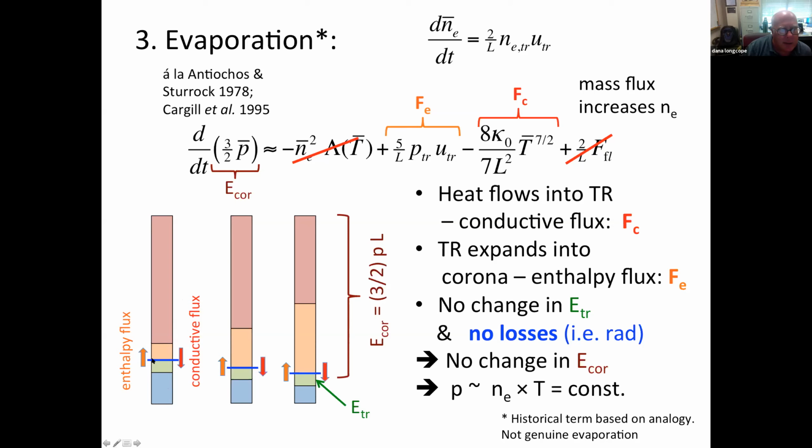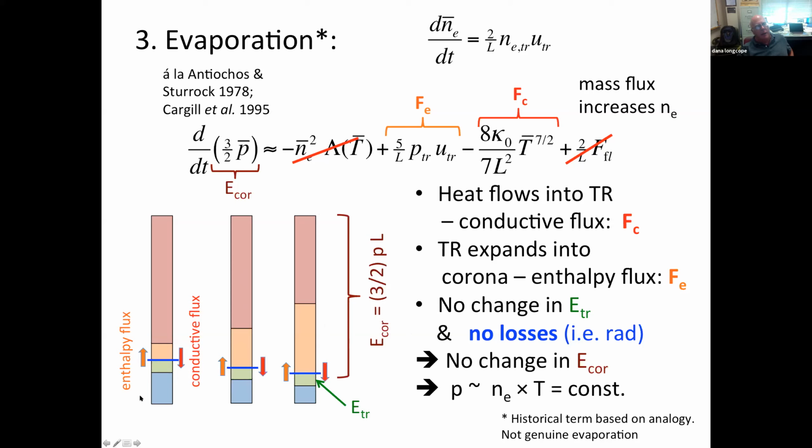And another way to think about that is moving the blue boundary downward, okay? Because you're heating up cold material to become hot material, and you're counting as a corona the hot material. So you're increasing the amount of hot material, but if the transition region energy never changes, and you can sort of see in this cartoon that it doesn't, you do not increase the total energy in the corona.